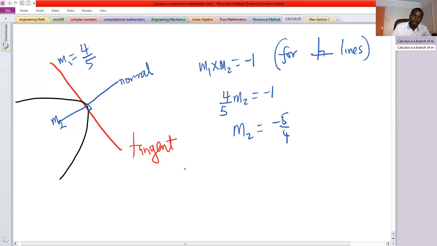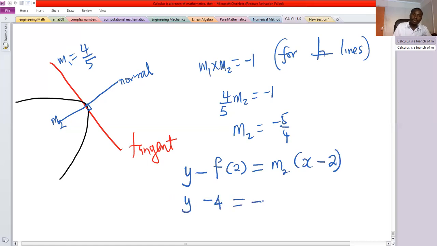So the equation of the normal will be y minus f at 2 equals M2 into (x minus 2). So we have y minus 4 equals -5 over 4 into (x minus 2). Then we simplify this.